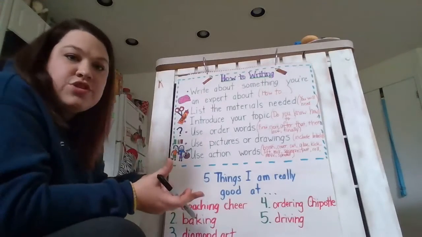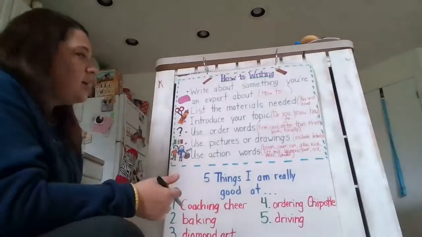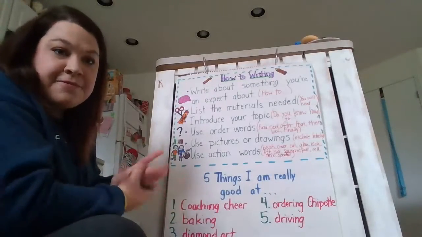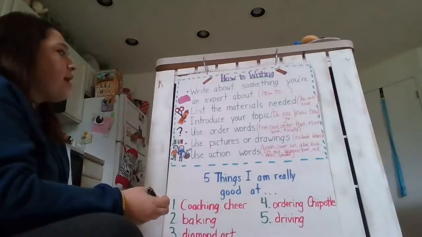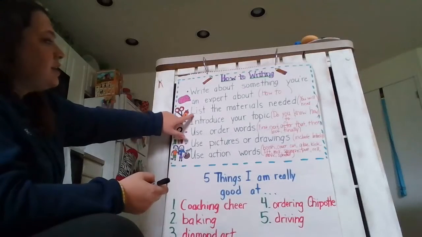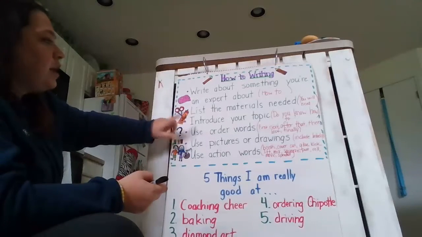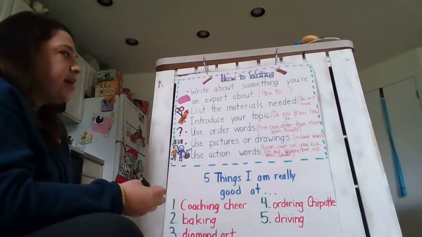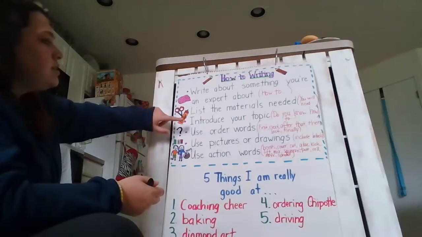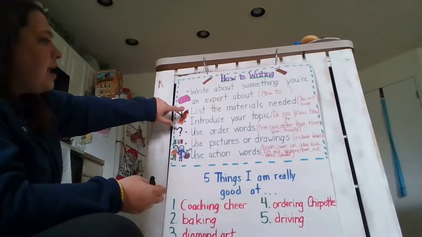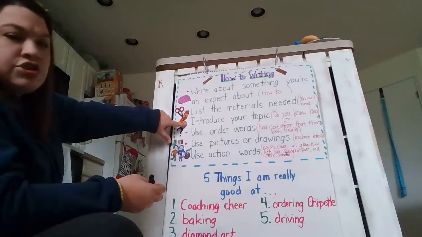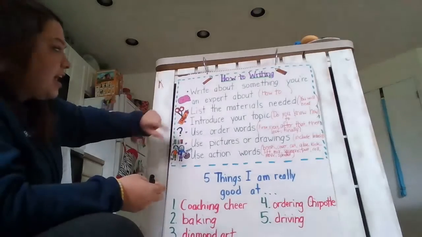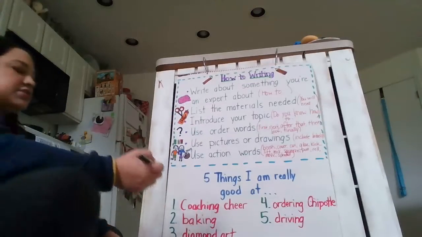You just know that you need peanut butter and jelly and bread and maybe a knife, okay? So we're going to list the materials that we need and we're going to introduce our topic, okay? So I am going to go ahead and introduce your topic first, okay? And then we'll list the materials you need.